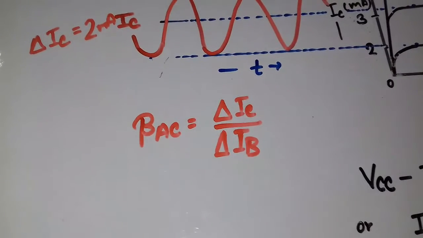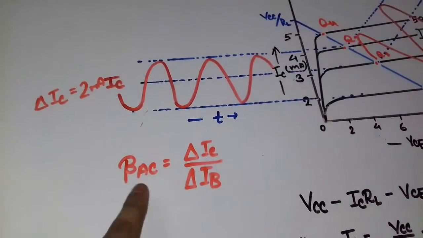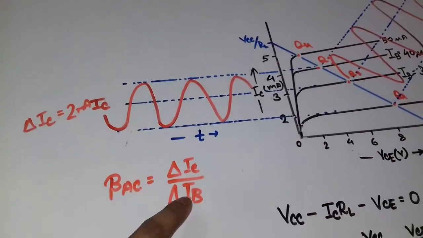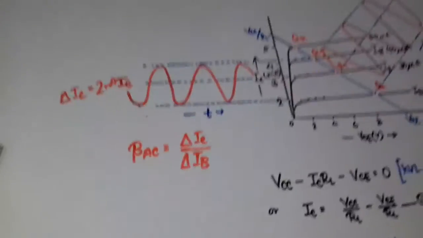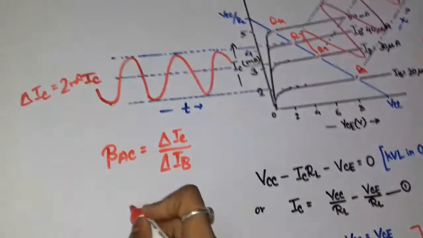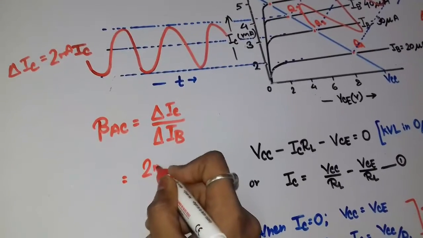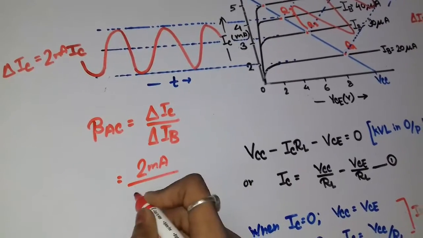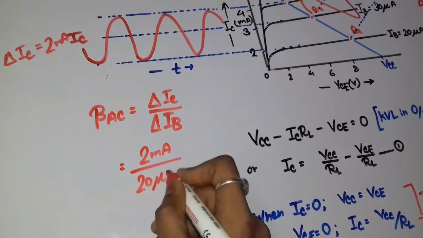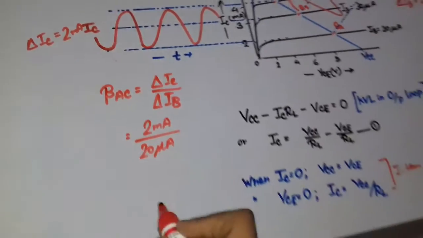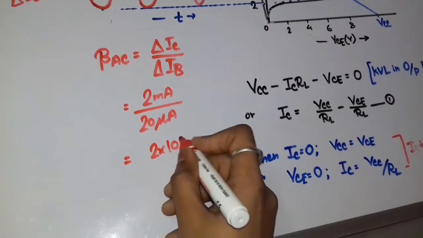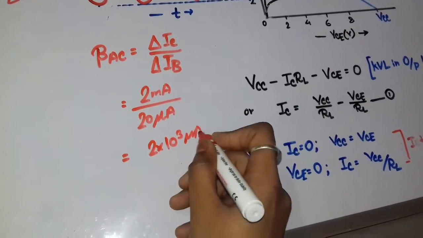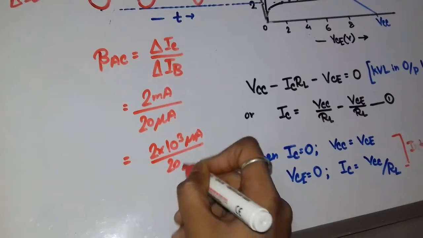So the amplification factor is given by beta AC, that is delta IC by delta IB, the change in the collector current divided by the change in the base current. Numerically it will be 2 milliampere divided by 20 microampere, equal to 2 into 10 to the power 3 microampere divided by 20 microampere.